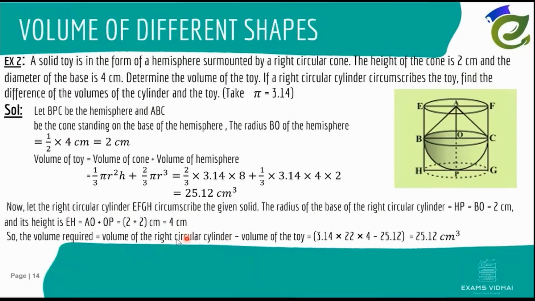Calculating the volume of the right circular cylinder, that is pi r square h, that is 3.14 into 2 power 2 into 4, minus 25.12, that is the volume of the toy.